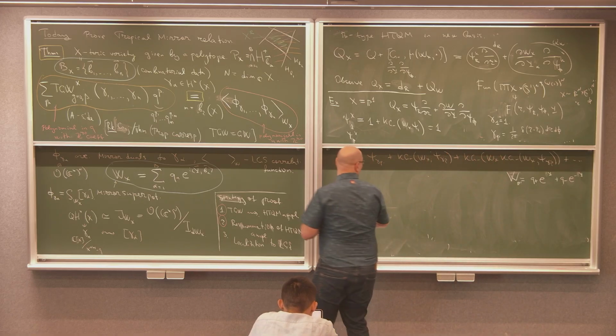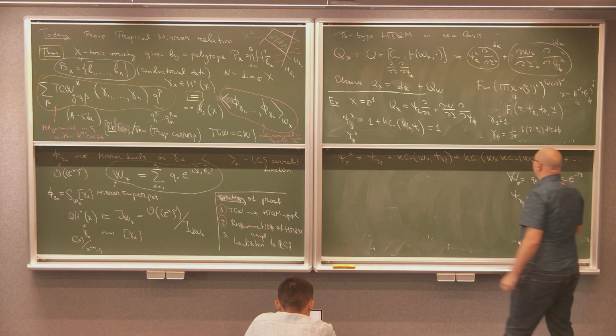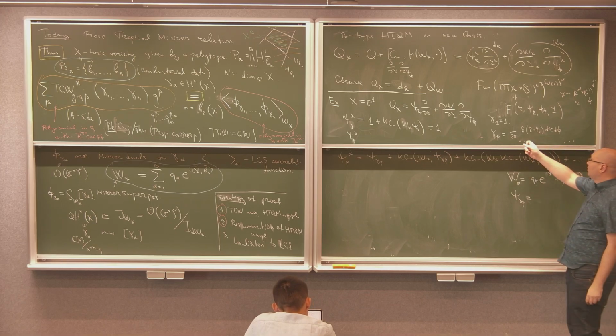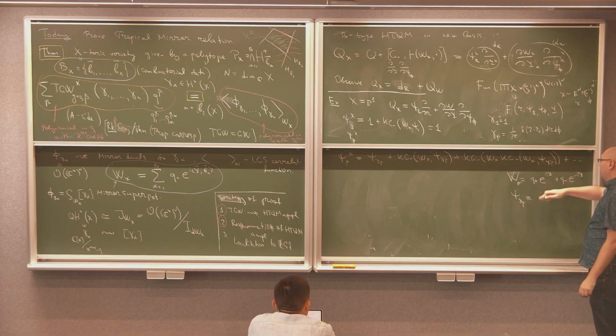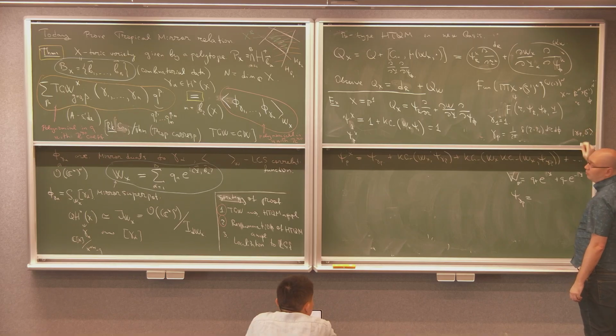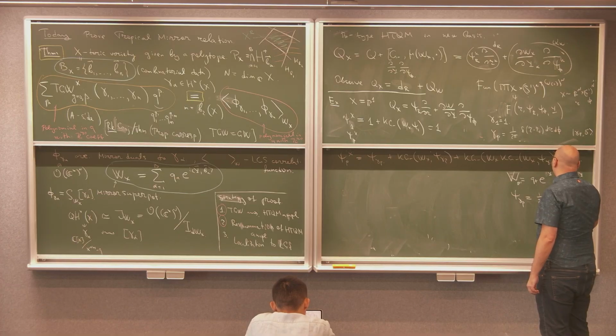Okay, so what about psi gamma p? We want to write down the state that corresponds to the state gamma p comma 0 in the new basis. What we essentially need to do is replace dr and dphi by psi r and psi phi.